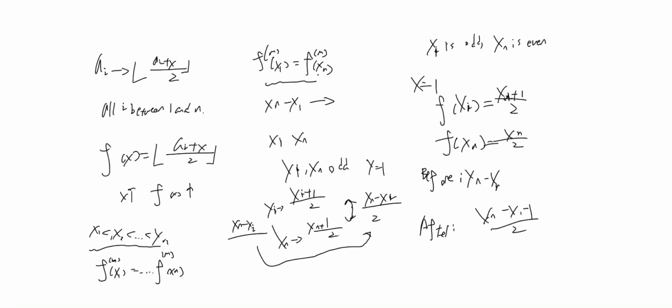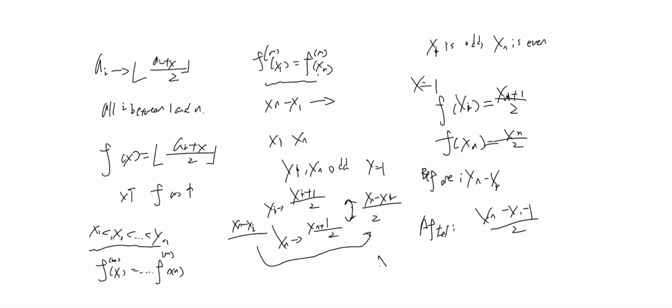So we can actually see that regardless of whether x1 and xn are even or odd, the distance between them after we apply an operation will be divided by half. And if half is not an integer, we divide by half and then round down to the biggest integer that is less than or equal to it.